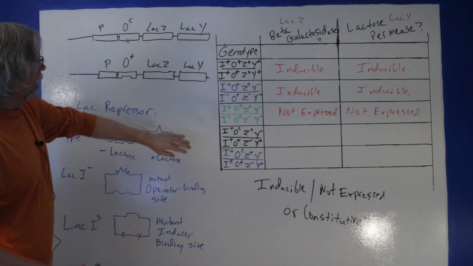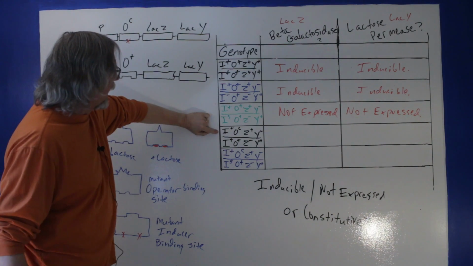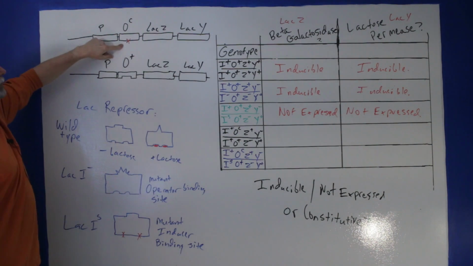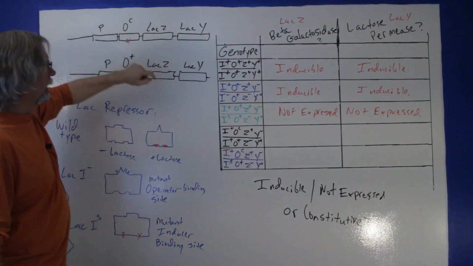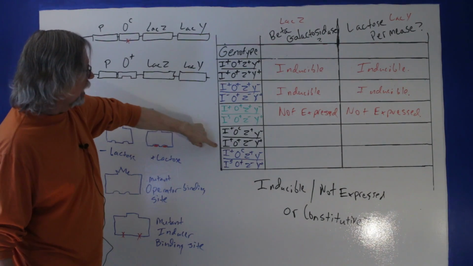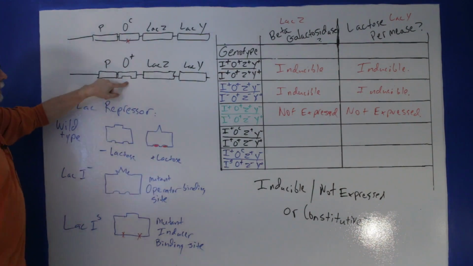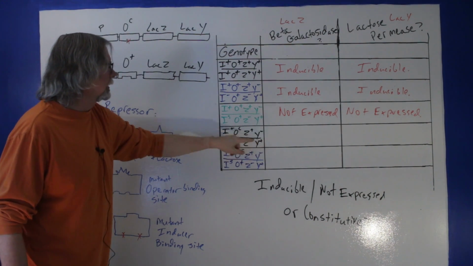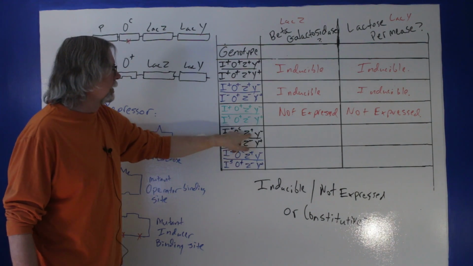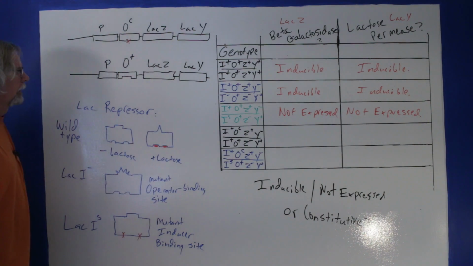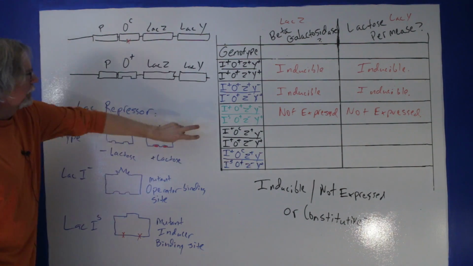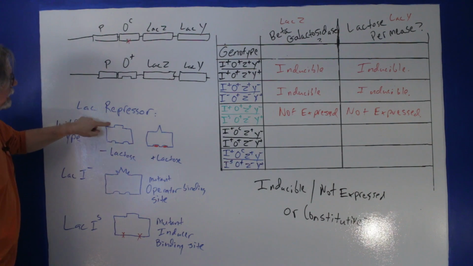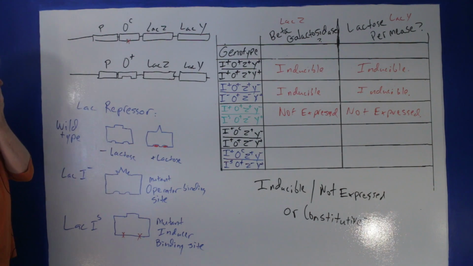All right, let's look at this one. And so the plasmid here has an operator constitutive mutation. Constitutive mutation is not able to bind to the repressor. But the chromosomal copy has a wild type operator. The wild type operator is linked to the LAC-Y gene, and the constitutive operator is linked to the wild type LAC-Z gene. And the repressor is both wild type. Okay, that means it's able to bind to the operator and to the inducer.